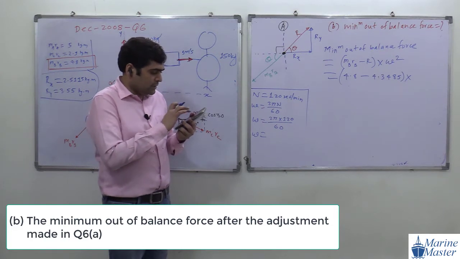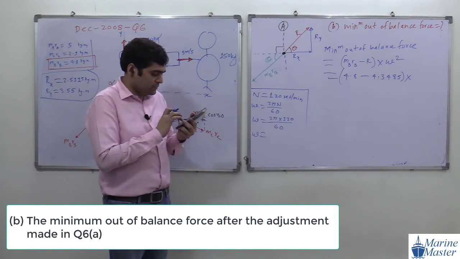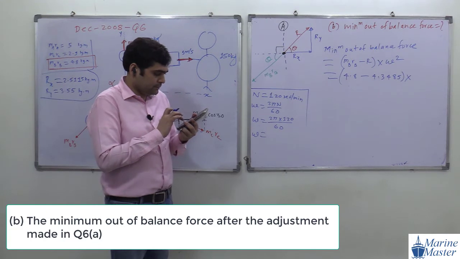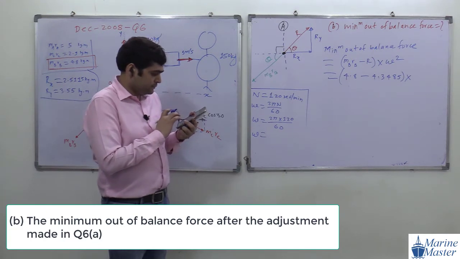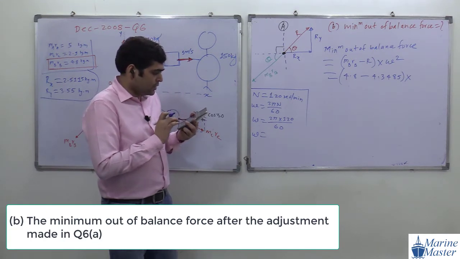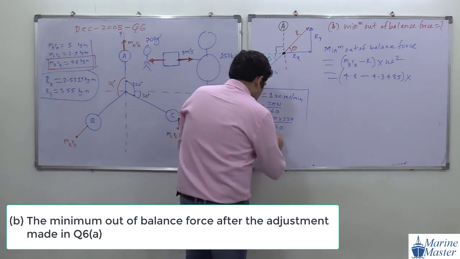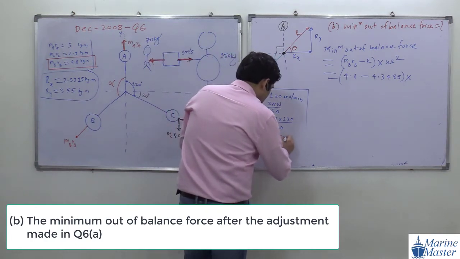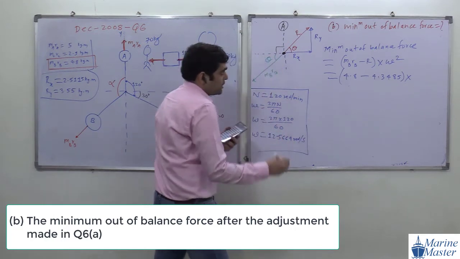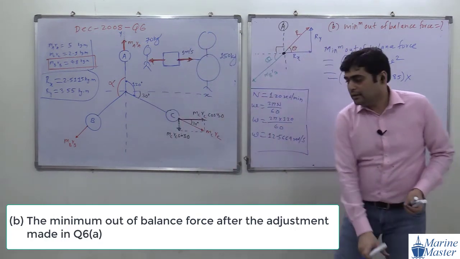Always tell me up to 4 digits. Omega is 12.5664 radian per second. So we got omega.